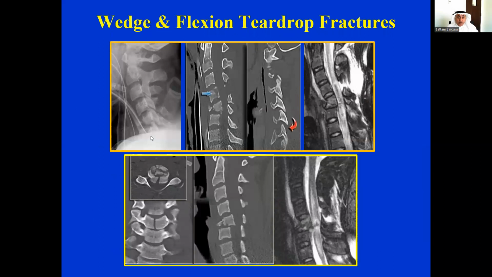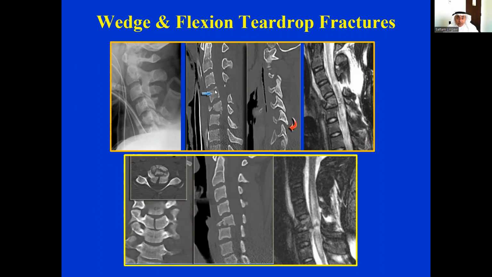Another example of a wedge flexion injury, where you can see that this is C5, has lost its normal configuration, has lost its anterior vertebral part because of excessive flexion. It's completely collapsed, and this is the teardrop fracture.